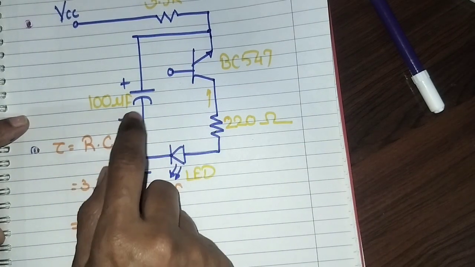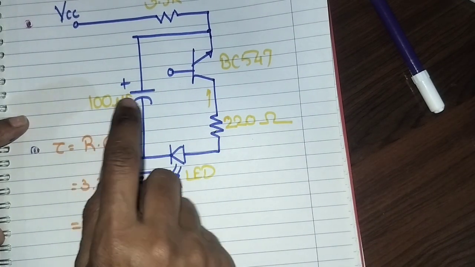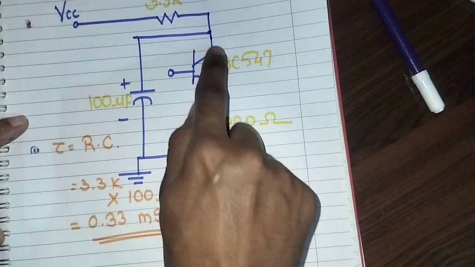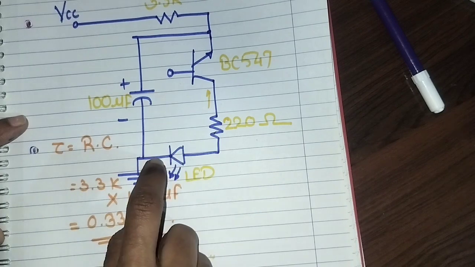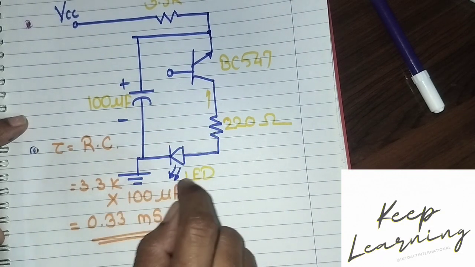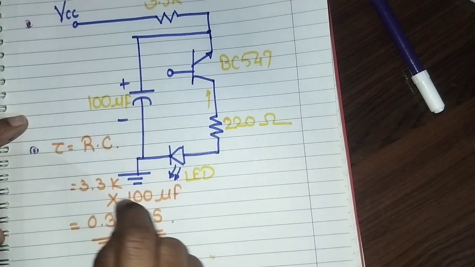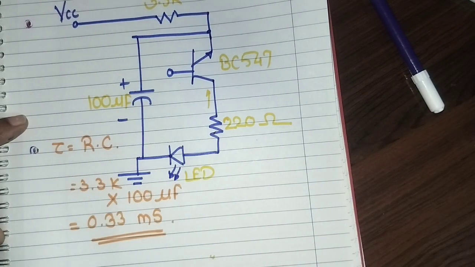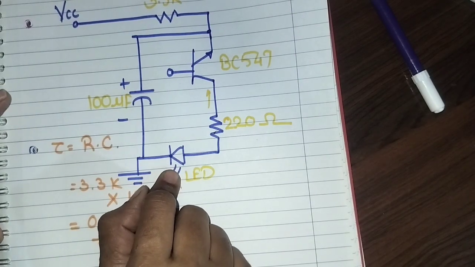But when we give the capacitor a discharging path, the capacitor discharges like this and gives the path to this LED through this resistor, and we get the LED to turn on. So while discharging the capacitor, the LED is turned on. At the time of charging, the LED is turned off.